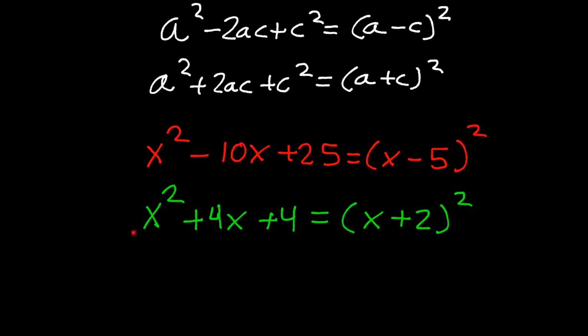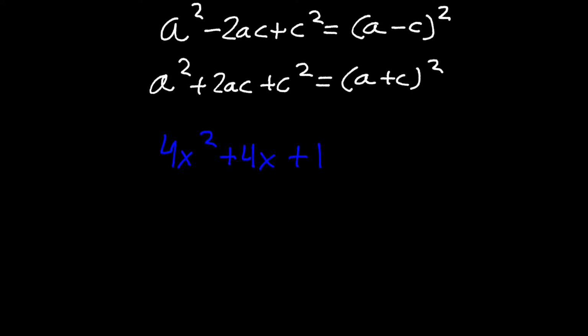And this will also work if we have something in front of the x that is a perfect square. So let's look at one of those to finish off this video. Alright, here we have 4x squared plus 4x plus 1. 4x squared is a perfect square, and believe it or not, 1 is also a perfect square because 1 times 1 equals 1. So I can start using my bottom perfect square trinomial again, since I have both addition signs.